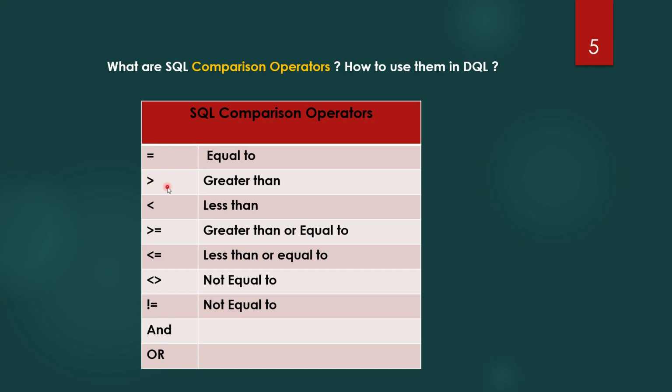And whenever I have to use less than, I use my left hand. That's how I quickly identify which one is which. Greater than or equal means these two symbols combined. And this one is less than or equal. And these two both mean not equal, so you can use either this or this.